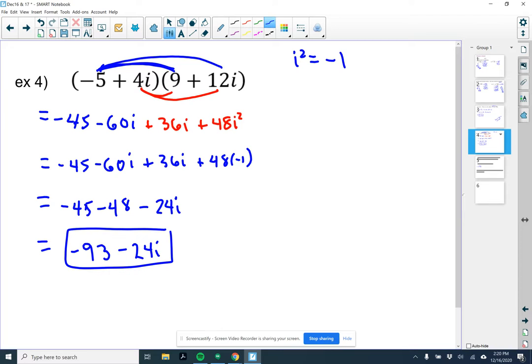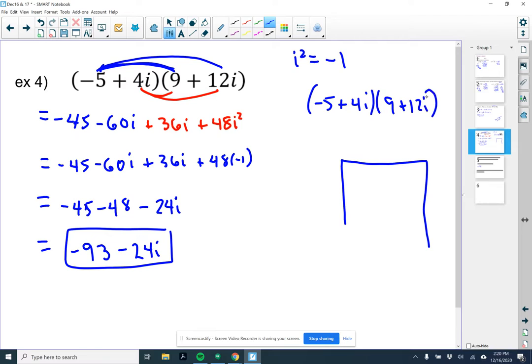Now, we're done, but I'm going to show you the box method because it seems like my students really like the box method. So I'm going to do -5 plus 4i times 9 plus 12i a different way. It's actually just using the distributive property, organizing your information in a table. So let's follow it through.